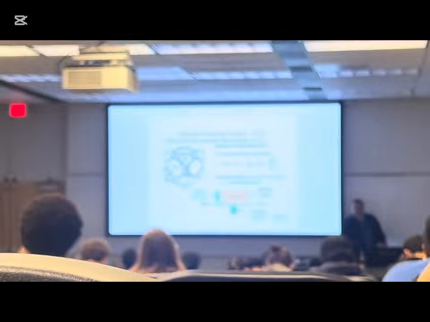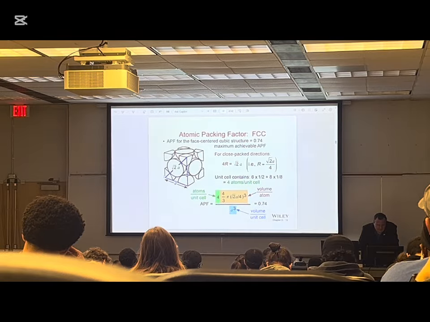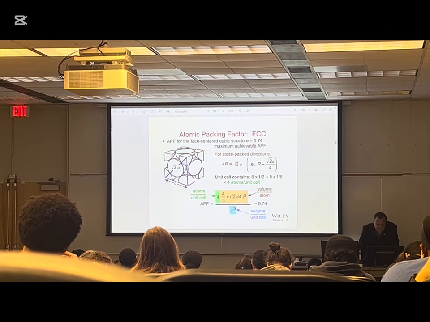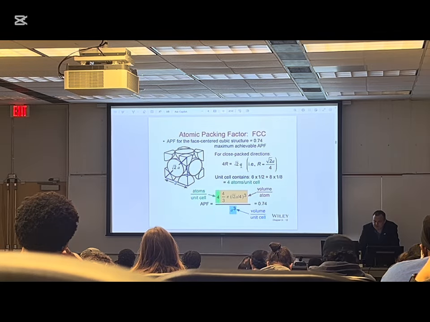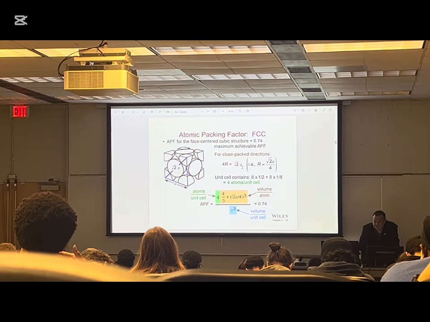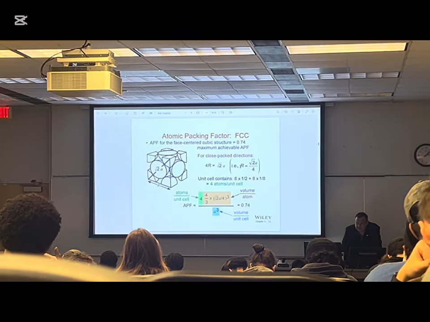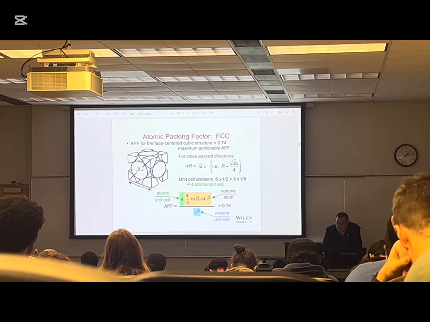And how many radii do we have here? 1, 2, 3, and 4. So we write that 4r is equal to the square root of 2a. And that means that the radius is equal to the square root of 2a over 4.